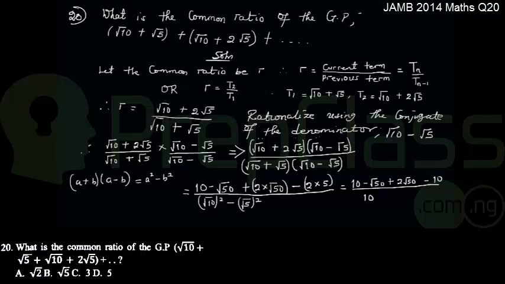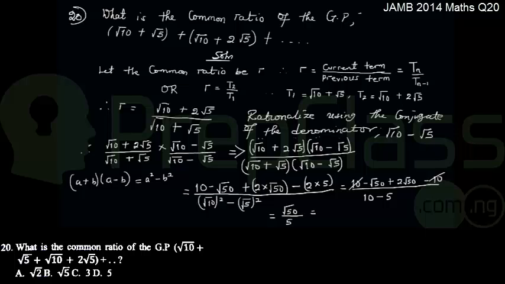The square cancels the square root, which gives me 5. Now 10 cancels out minus 10. Minus root 50 plus 2 root 50 gives me root 50. I'll have a single root 50 all over 10 minus 5, that is 5.